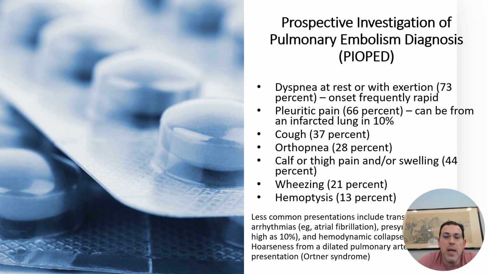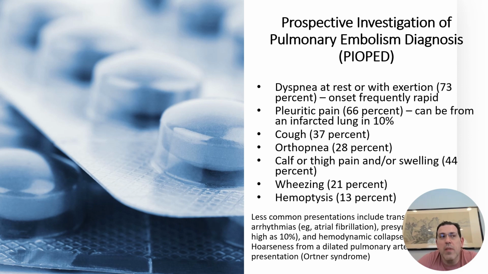Something perhaps less commonly understood is that syncope can be the initial presentation in up to 10%. I have to admit that earlier in my career, when I worked up a syncope patient, I didn't always include pulmonary embolism. What do we think is the pathophysiology here?